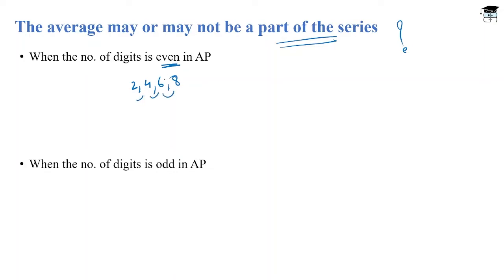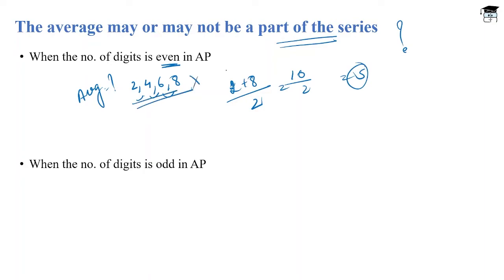So now, what will be the average? 2 plus 8 divided by 2, that is 10 divided by 2, that is equal to 5. Is 5 a part of the series? No, it is not. So the average may or may not be a part of the series.